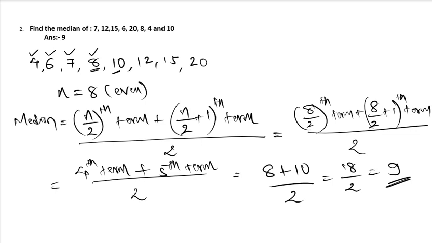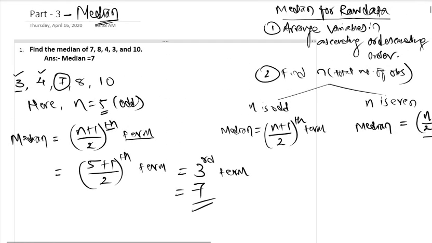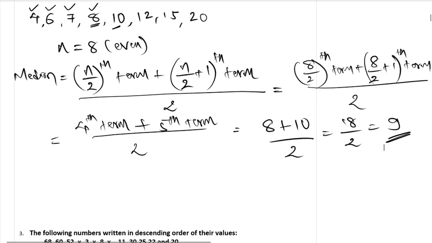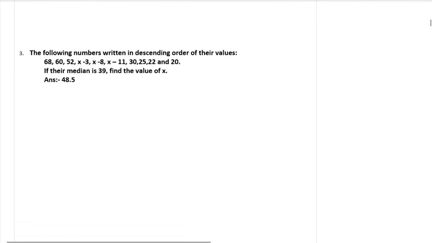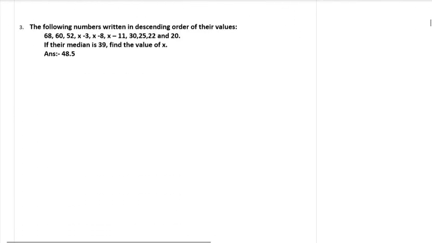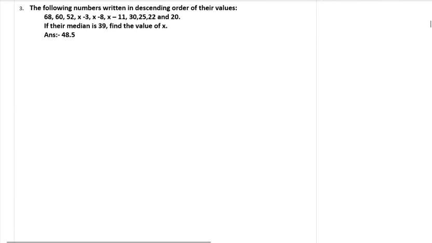So this is the question in which the number of terms were even, and still we applied the formula and got the correct answer. Right? So I hope the concept of finding median for raw data is clear. Okay, that is one of the types of examples, finding median for raw data, and this is one more variation in this type of question.